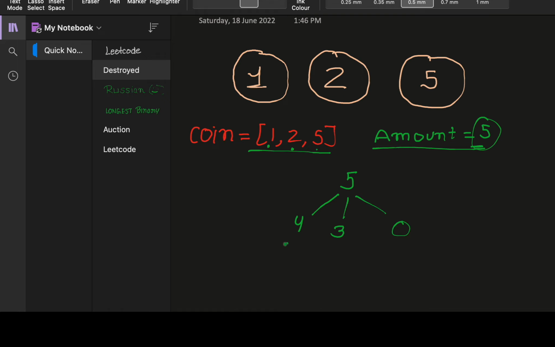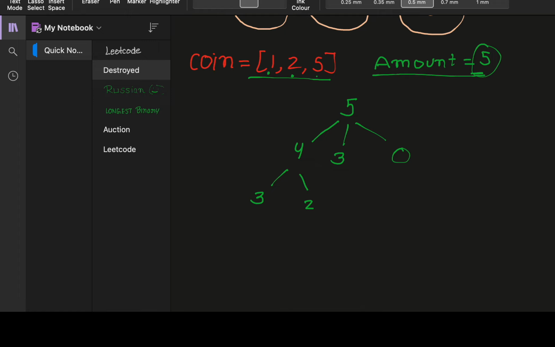Similarly, here if we pay 1, we are left with 3, and if we pay 2, we are left with 2. If we pay 5, we cannot, because it goes to -5, and we cannot pay a negative amount.